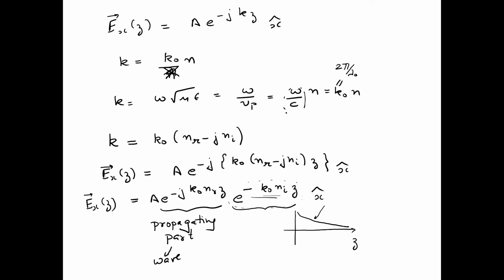This is an exponentially decaying function, e^(-k naught n imaginary z), which tells you the attenuation of the wave.